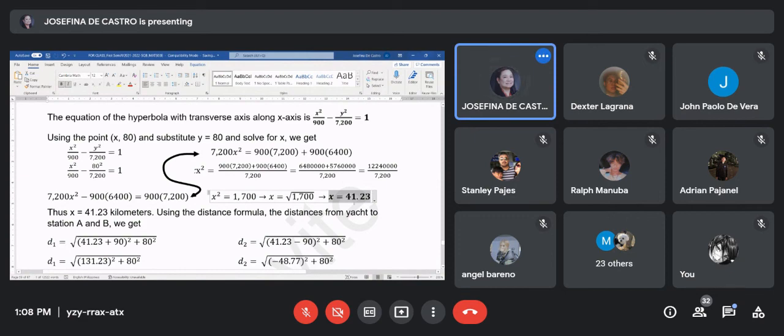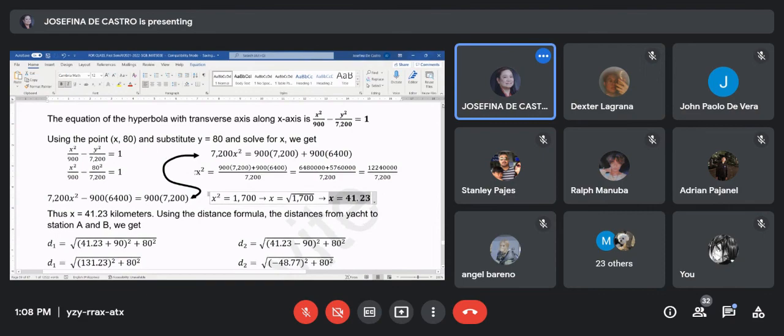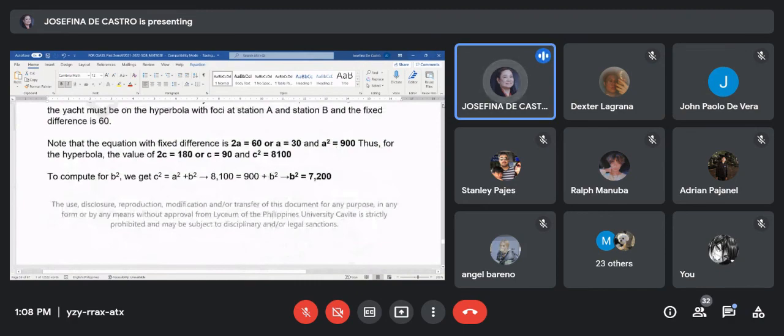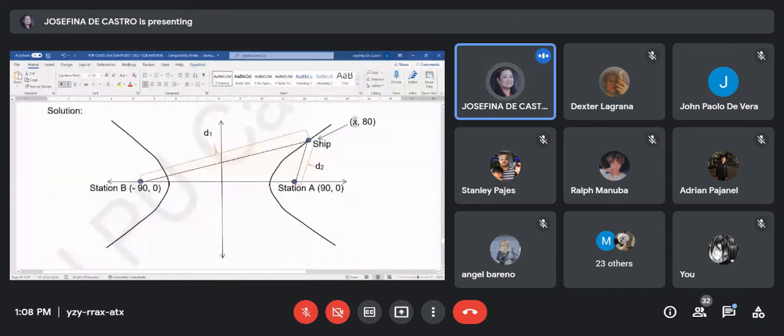Okay? Therefore, alam na natin ngayon si x. Babalik tayo dito ngayon. So, alam na natin na si x ay 41.23.